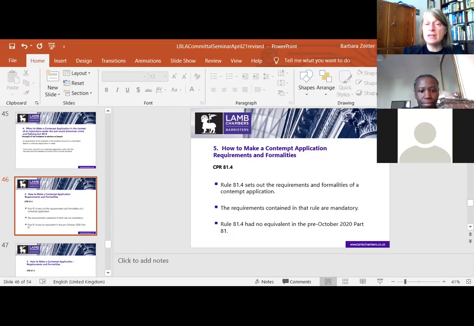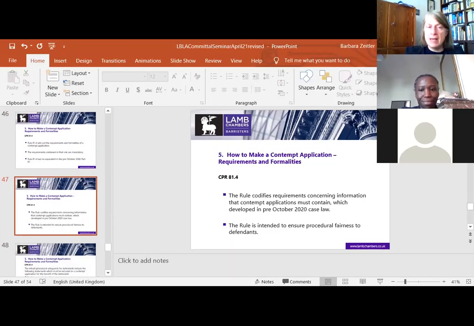In a way, CPR 81.4 is very useful because it had no equivalent in the pre-October CPR 81, but now there is actually a kind of noddy guide on how to comply with the procedural requirements and the formalities of making a contempt application.